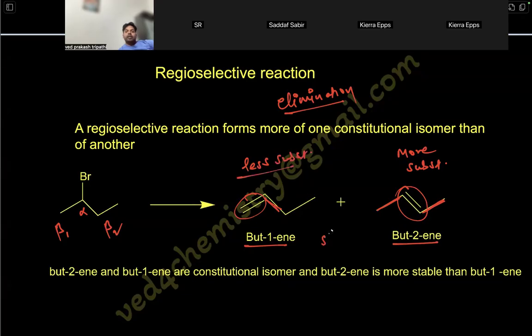And they are structural isomers of each other. So regioselectivity means whenever a reactant gives two products and they are structural isomers of each other, either can be major. It depends on the nature of the alkene. So the more substituted would be the major here. So this is regioselective because they are constitutional isomers or structural isomers. Constitutional is also known as structural isomer.